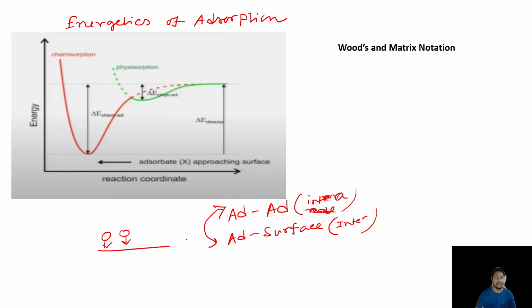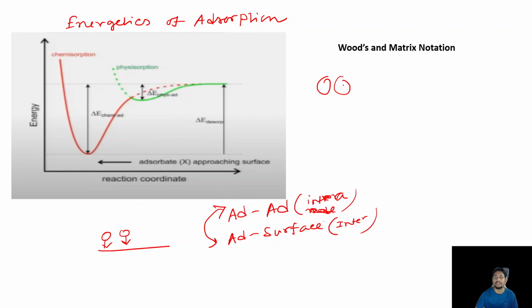Whenever the add atom concentration is very low, obviously only the add atom and surface interaction is going to be there. There will be no add atom to add atom interaction. After that, whenever we add more and more coverage to the surface by the add atoms, the intermolecular or interatomic interactions are going to come into play.